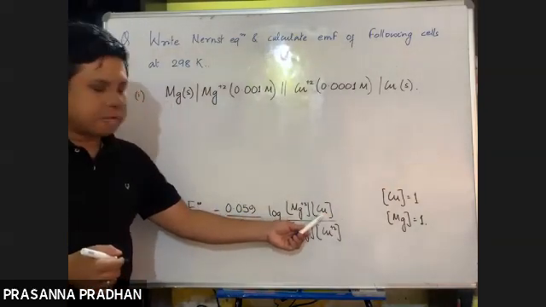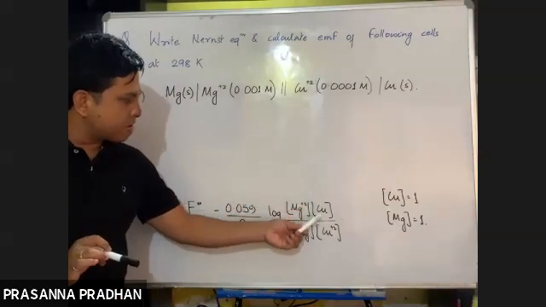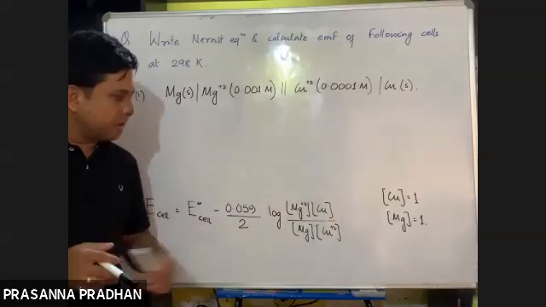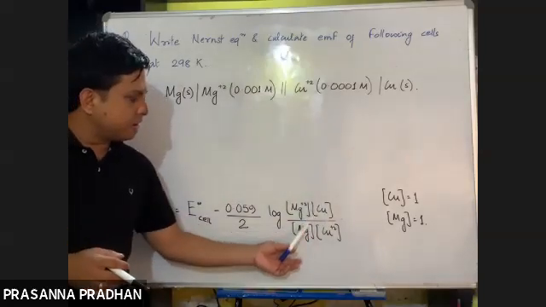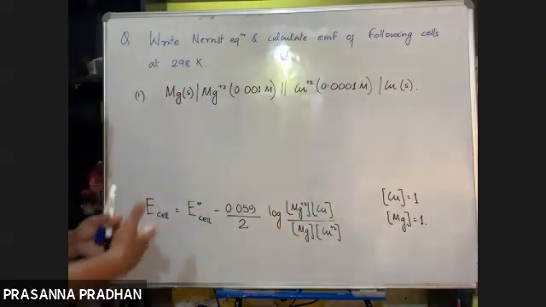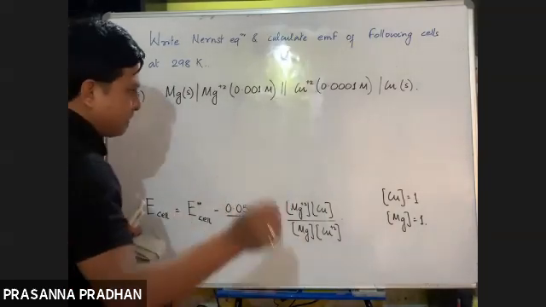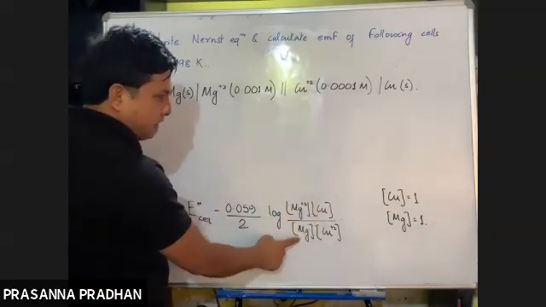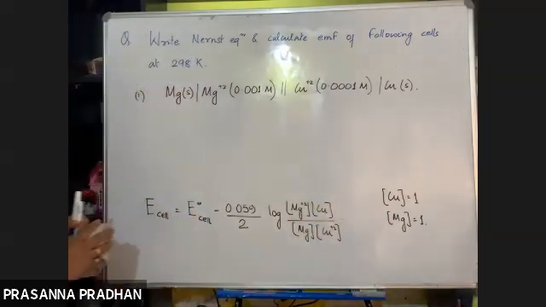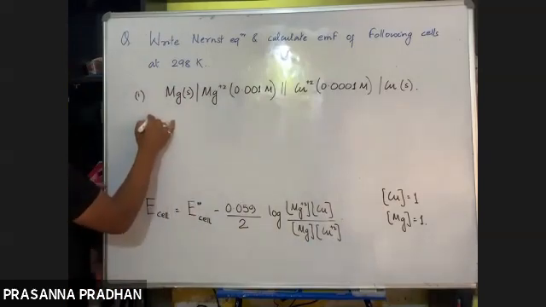Yes, copper is a pure solid. It's a convention, so we take the concentration of pure solids as 1 here. The reason had already been discussed in class 11, so I'm not going to go through it. Remember, whenever you see a pure solid, in the expression you put its concentration as 1. So after you do this, what will be the Nernst equation then?